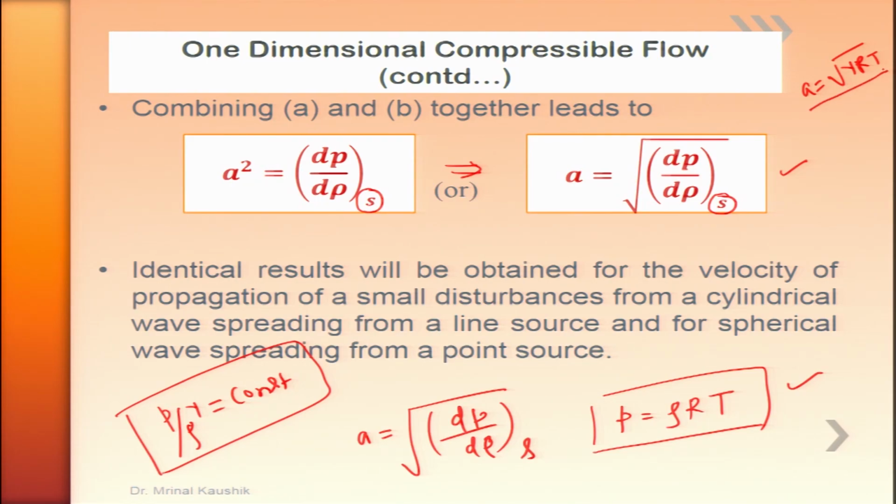Let us see how it comes. Using the equation of state and this relationship for the isentropic case, please note I am dealing with the compressible flow situation. Therefore, applying the reversible and adiabatic case, I must have the P by rho to the power gamma relationship, which is a valid relationship between pressure and density for isentropic flow.